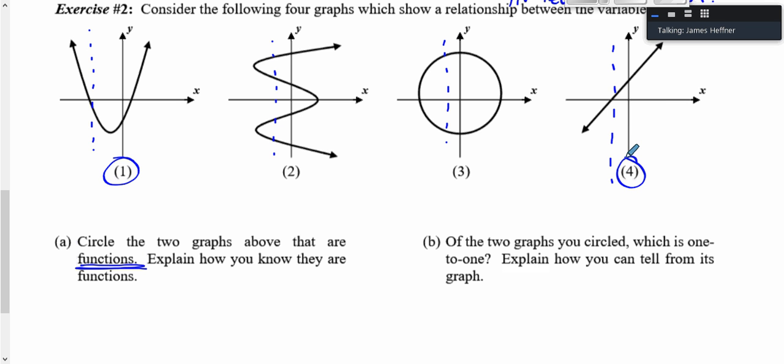Now over to part B. Of the 2 graphs you circled, which one is one-to-one? In other words, every output comes from a separate and distinct input. What about graph 1? Remember that the graph itself is the set of outputs. Is graph number 1 one-to-one? No, it is not.